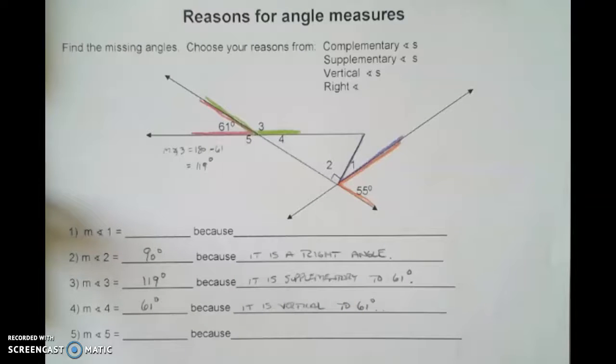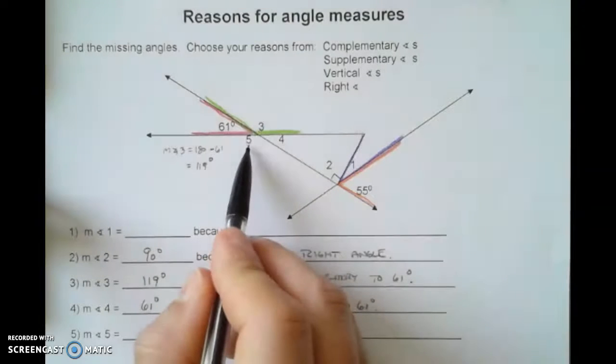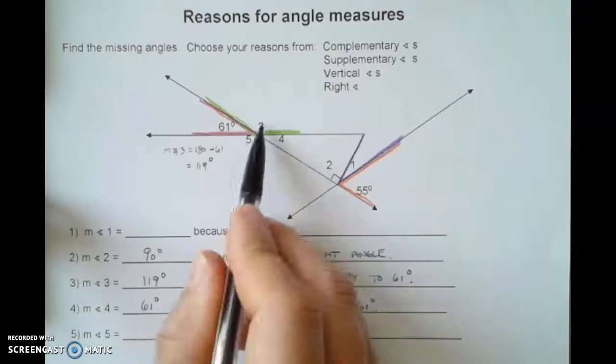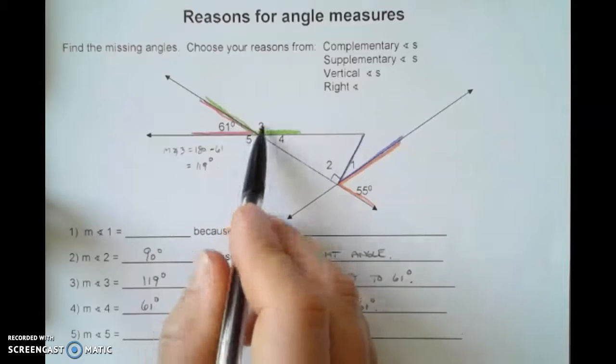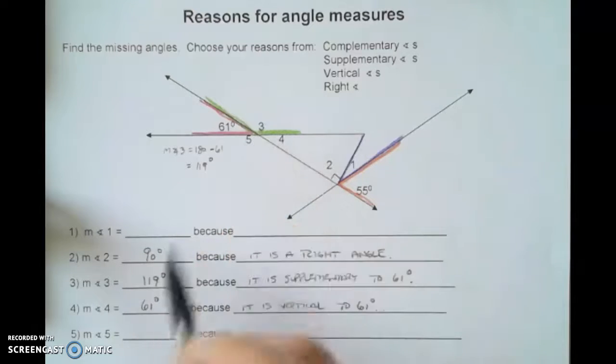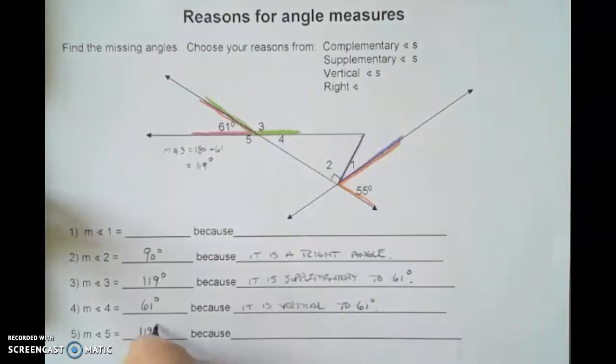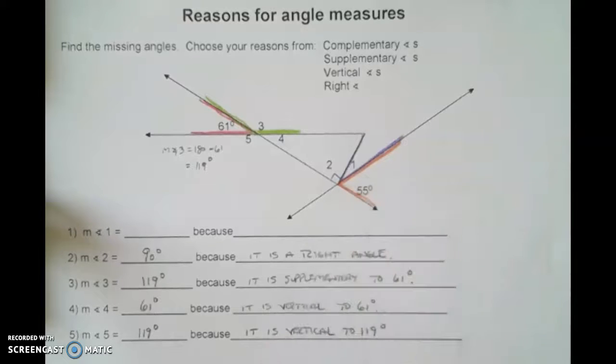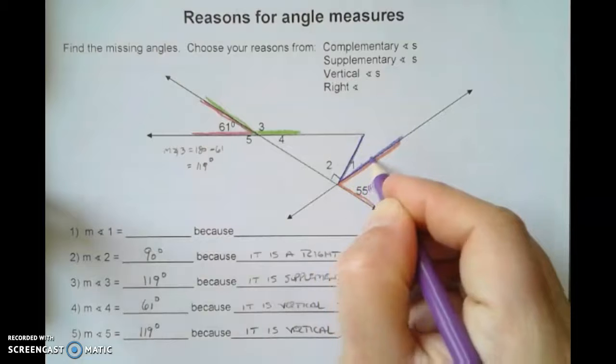Okay. Now, angle 3 and angle 5 are on opposite ends of the point of intersection, which means they're vertical. So if angle 3 is 119 degrees, well then angle 5 must also be 119 degrees because it is vertical to 119 degrees. Okay, and that leaves angle number 1. I've got to get angle number 1, which I've drawn here in purple. Here's angle number 1.